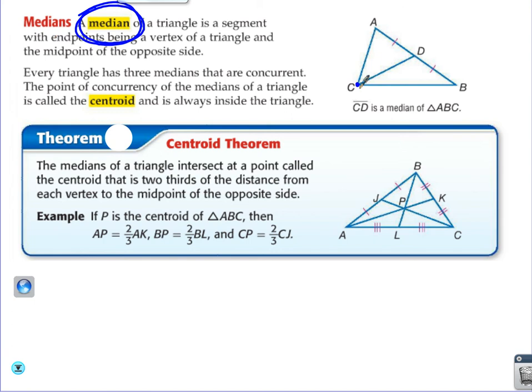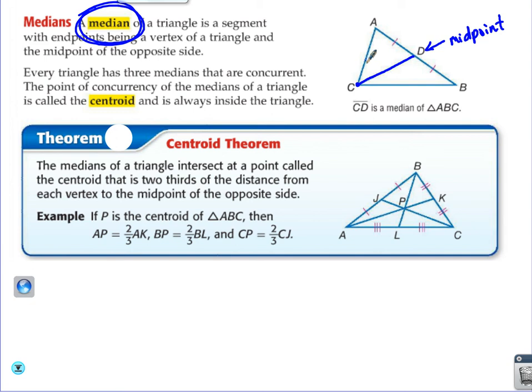A median is a line segment that goes from an angle to the midpoint of the opposite side. Goes from the angle to the middle. This is actually the easiest one to find. From angle to middle. So therefore, C goes to the midpoint here. B, if you drew another line from here to the middle of this side.